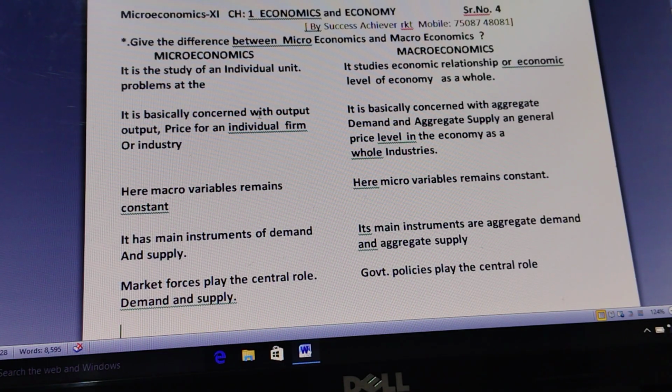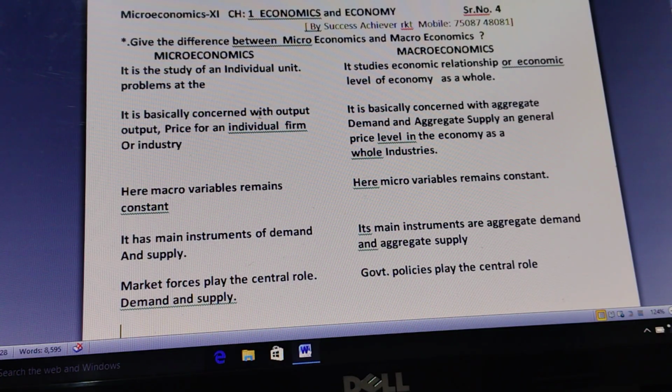Microeconomics is the study of individual unit problems at the level of the economy. On the other hand, macroeconomics studies economic relationships, issues and problems at the level of the economy as a whole.